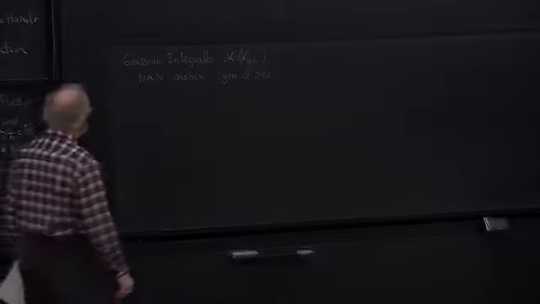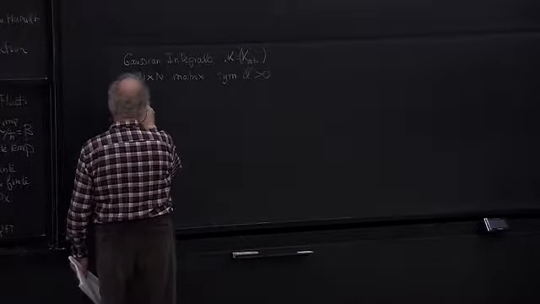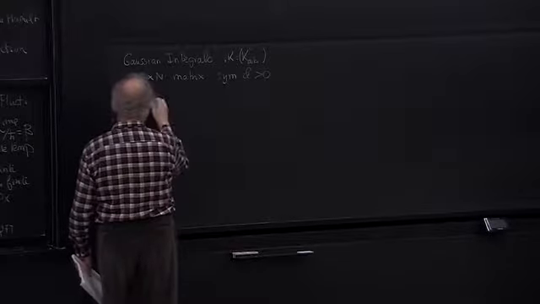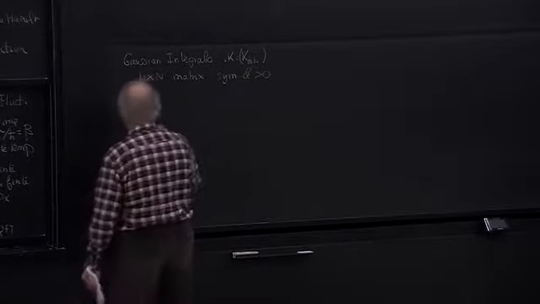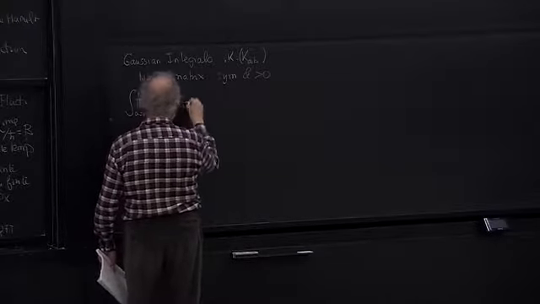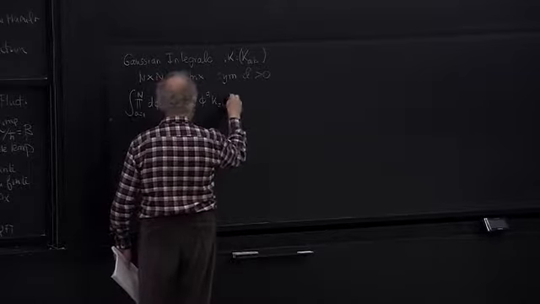Okay? And let's compute the following Gaussian integral. Integral, product from A equal 1 to n, of a random variable that I'm going to call just d phi_A, exponential of -1/2 phi_A K_AB phi_B.